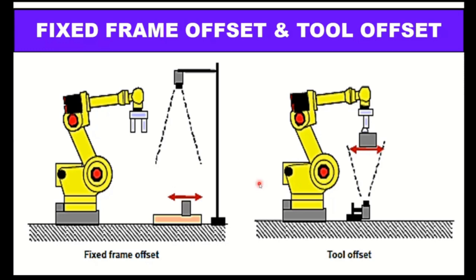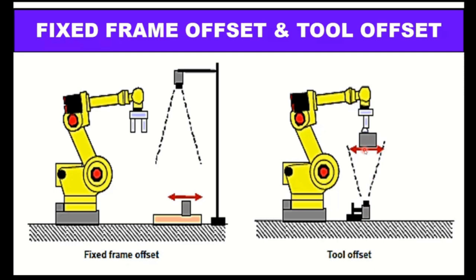Similarly, the other side is there, that is tool offset. Now the tool is at the gripper and you are looking from the tool perspective towards the camera. Still this position matters. Where is the camera? So one is because of fixed frame offset, because the camera is in a fixed position. In the other case, the camera is fixed and the tool is moving, but you are looking from the tool's point of view.